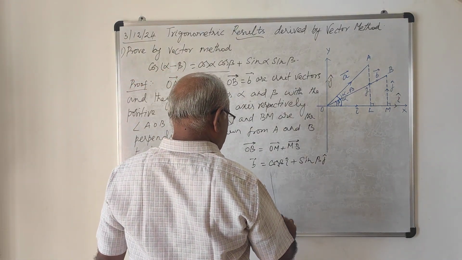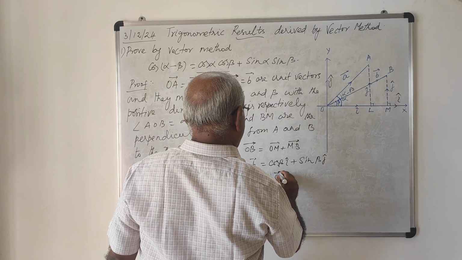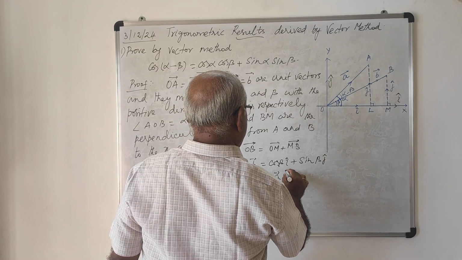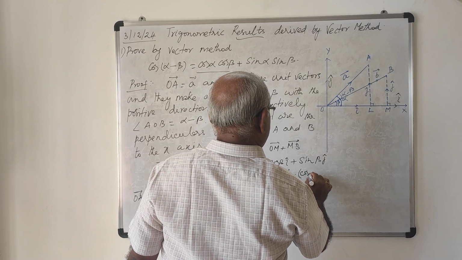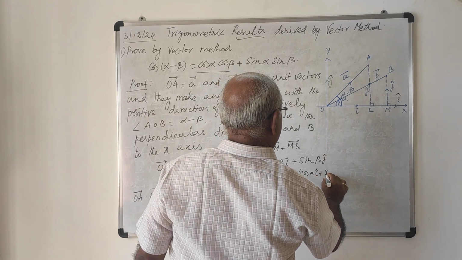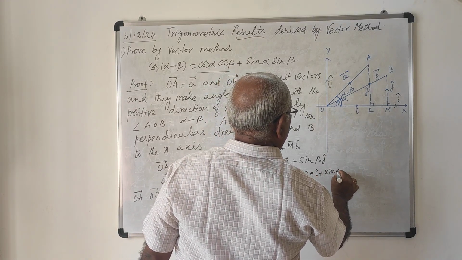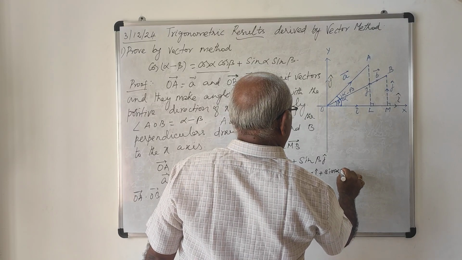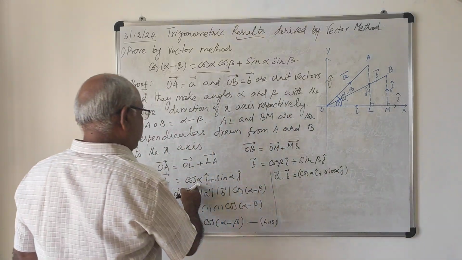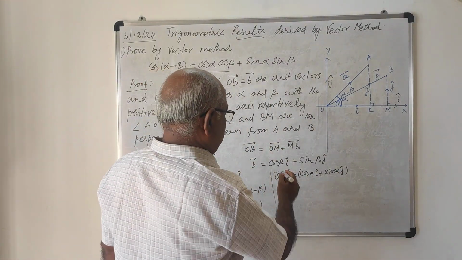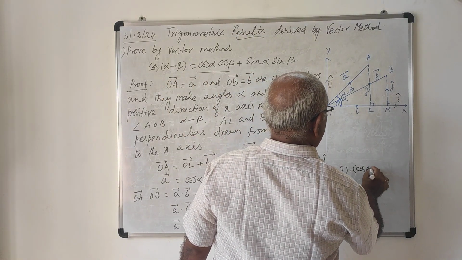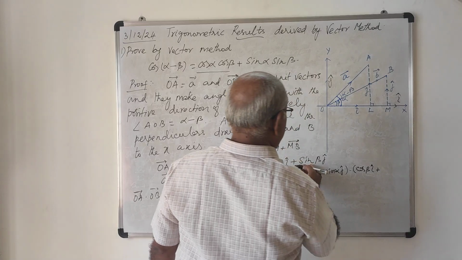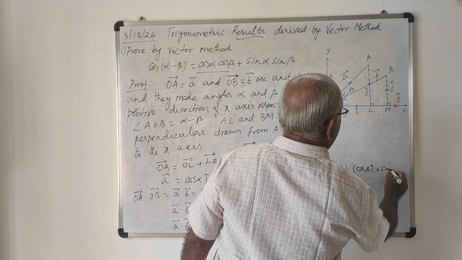Similarly for the right hand side, you consider A dot B. A is cos alpha into i plus sin alpha into j, dot B vector, which is cos beta into i plus sin beta into j.